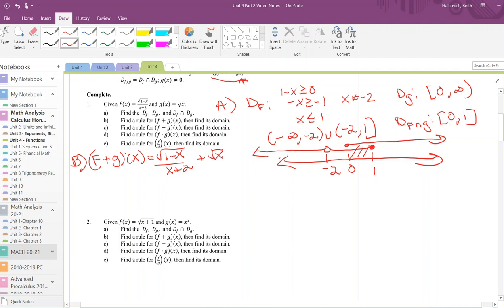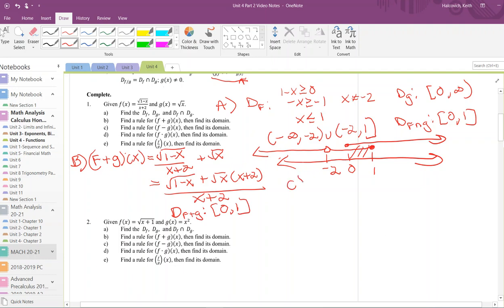So you've got to get a common denominator to combine them, plus the square root of x times x plus 2 over x plus 2. And you can leave it like that. So then the domain of f plus g is between 0 and 1.